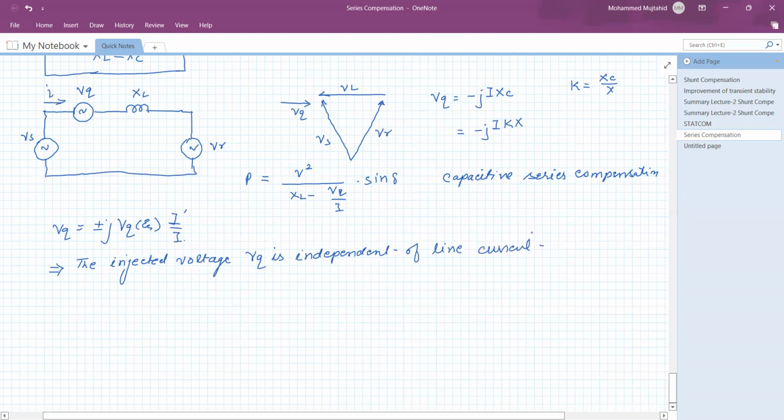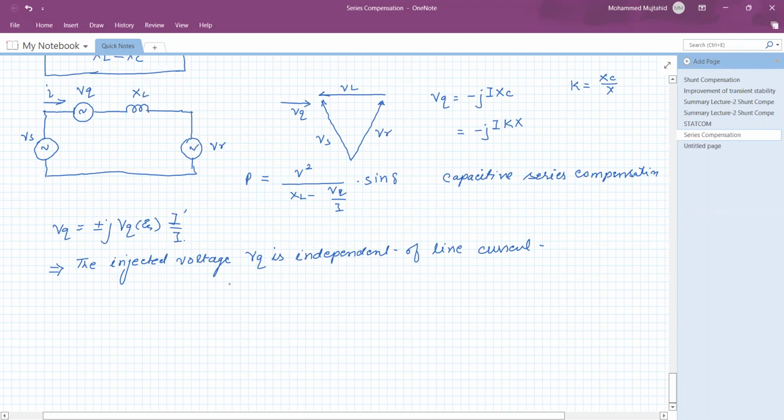So earlier, it may be a TCSC, or a thyristor switched series capacitor, the compensation depends upon the line current, because we are going to compensate with the help of reactance. Whereas the injected voltage is independent, because it is generated with the help of a static voltage source converter. Therefore, the voltage source converter output is independent of line current.